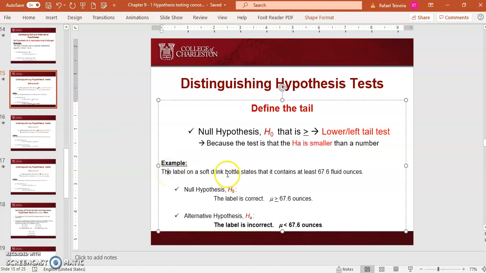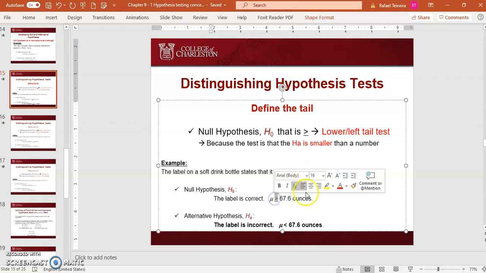The label on a soft drink bottle states that it contains at least 67.6 fluid ounces. Okay, so the null hypothesis in this case is that the mean amount of fluid ounces in a bottle is equal or higher than 67.6 ounces.